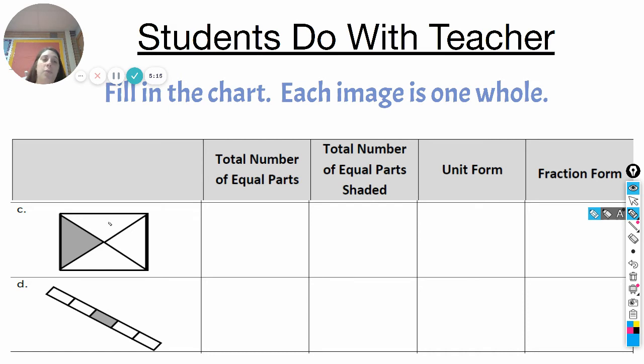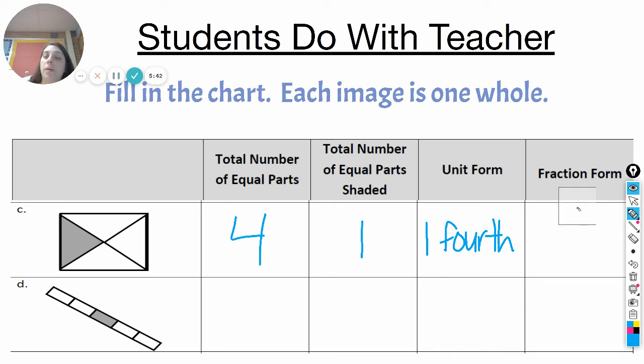So we should have counted 1, 2, 3, 4 equal parts. One of those parts is shaded. In unit form, and you may have needed to check the back of your 4s strip, 1 fourth. In fraction form, 1/4.